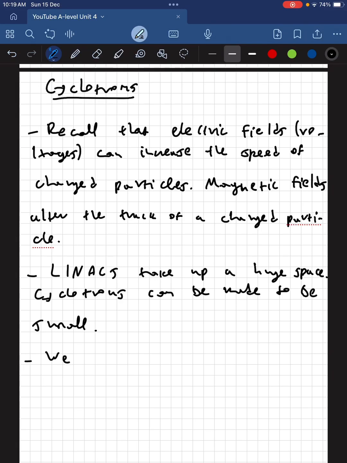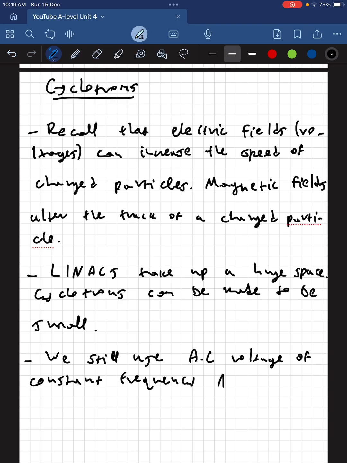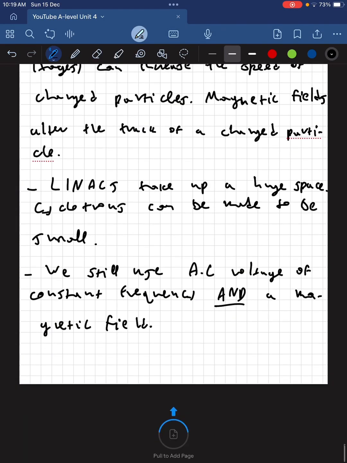Okay, and for the cyclotron, we still use an AC voltage of constant frequency, like in the case of the LINAC. So we use an AC voltage of constant frequency and a magnetic field.